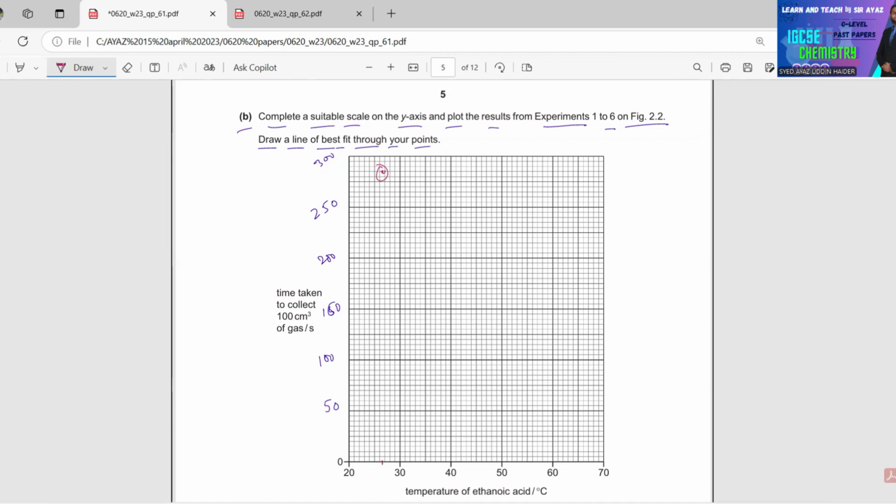Next reading, 31. 31 means here. And seconds is 195 seconds. 195 seconds means 50, 60, 70, 80, 90. 195 means it must be here. So it must be here, the second spot.